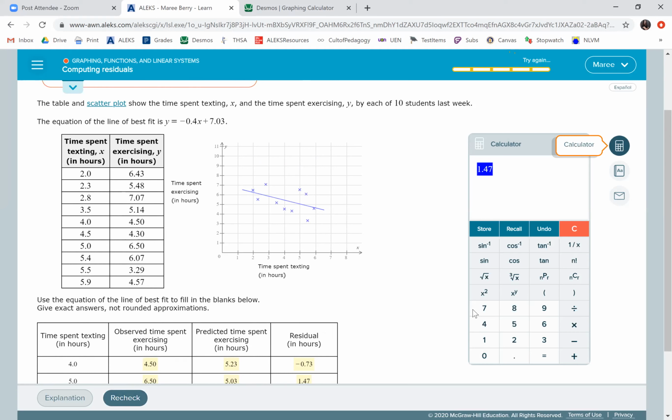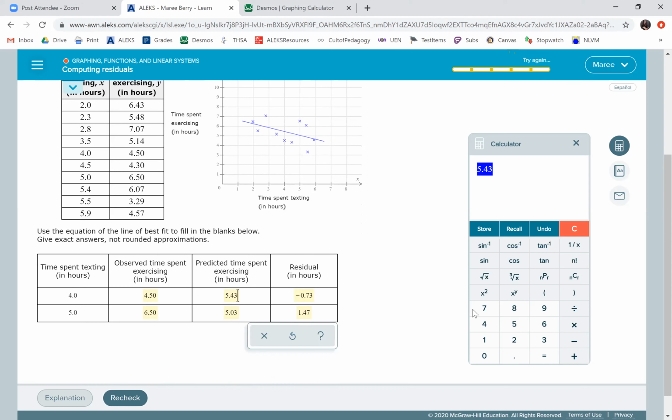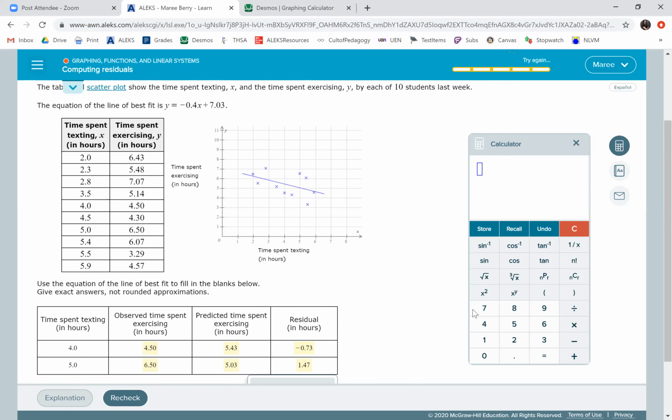Okay, all right, so this is interesting. If I put in 4.0 plus 7.03, I get 5.43. Oh, so if you don't put the zeros in, guys, this is really good to know: negative 0.4, you have to put in all of them, 5.0 plus 7.03.